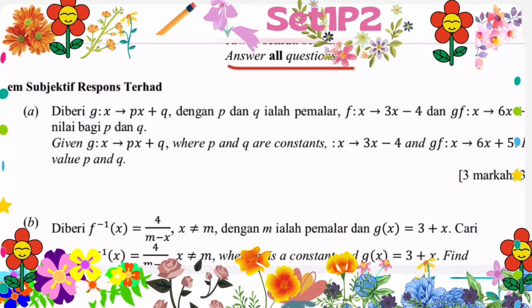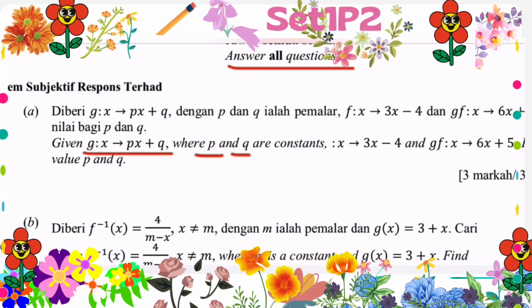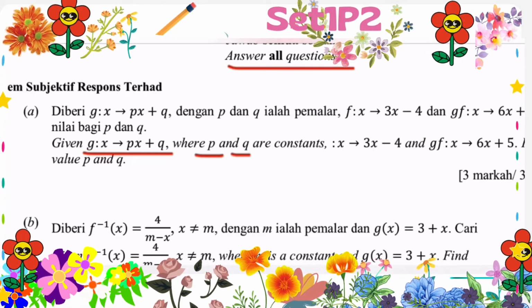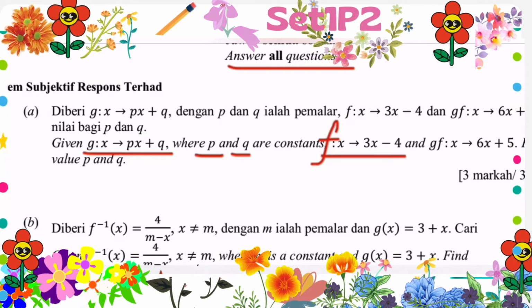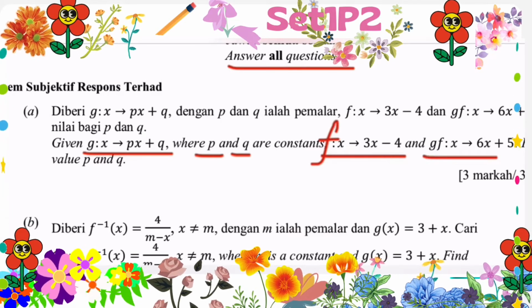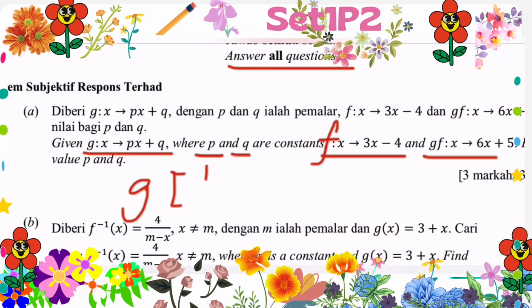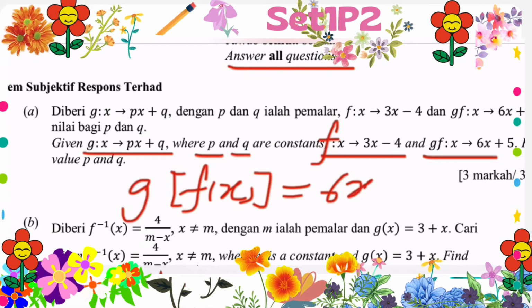You're given the function g(x) = px + q, where p and q are constants. That means p and q are not given. You're also given f(x) = 3x - 4, and gf(x). Normally we want to identify the object and the function.